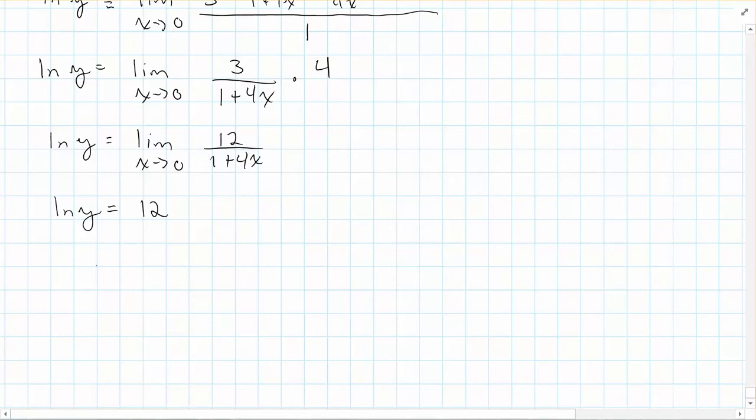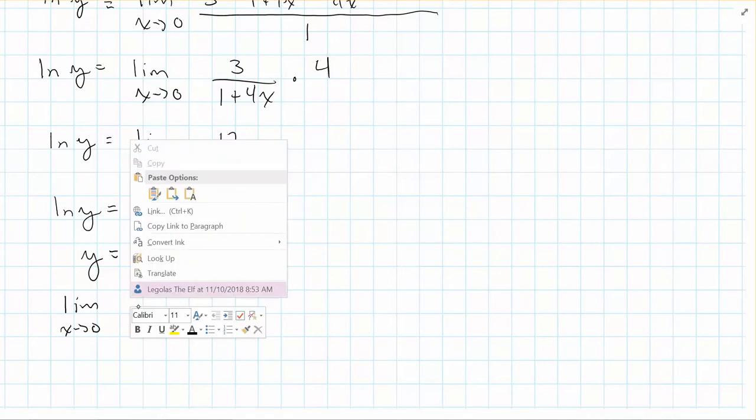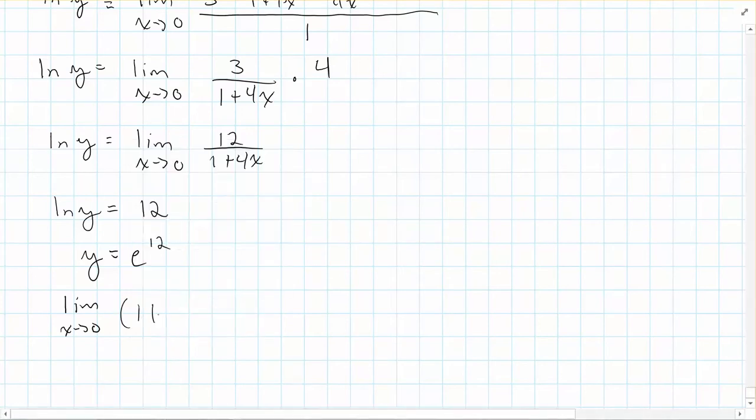Then remember, we're looking for y, so y would be e to the 12th. So again, what we've just determined here, the limit as x approaches 0 of, what was my original problem? 1 plus 4x to the 3 over x is equal to e to the 12th power.